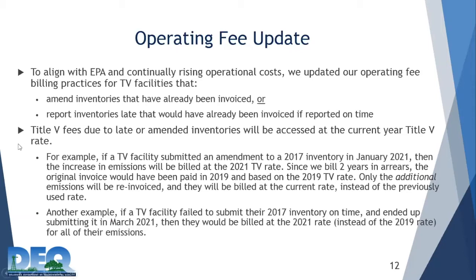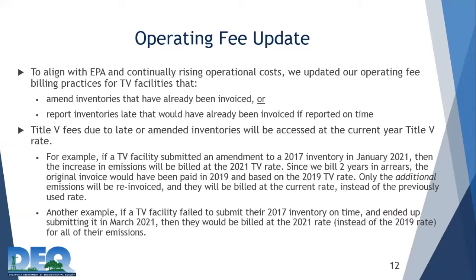And that update is that we will be assessing those at the change in emissions, the additional emission amounts, at the current year Title V rate instead of the year that it would have been billed at.